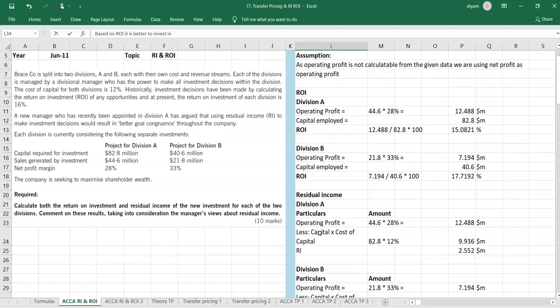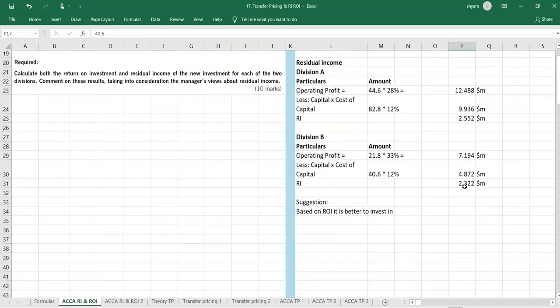Can we invest in both projects? Because the current ROI is 16, we can't invest anything below the current ROI. So in that case, we can't invest in project A. But when we compare with the cost of capital, which is 12%, we can invest in both, because both are higher than the cost of capital.